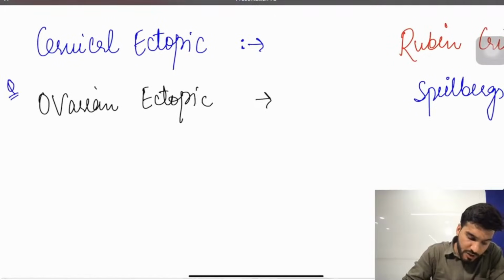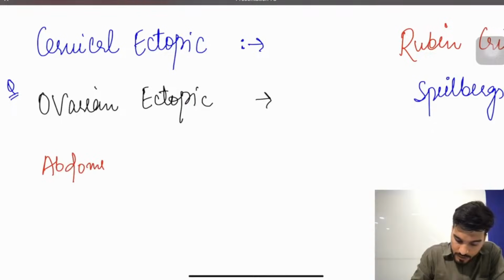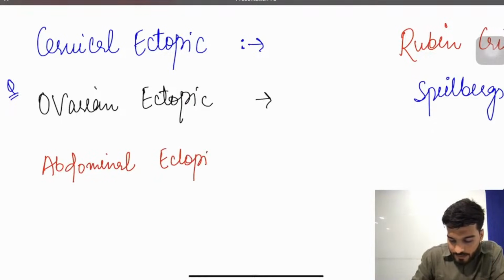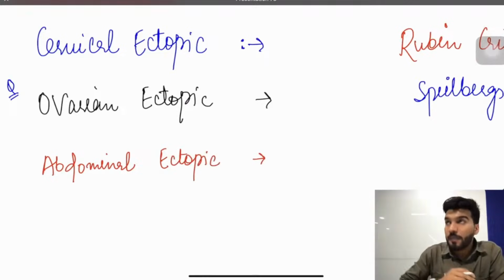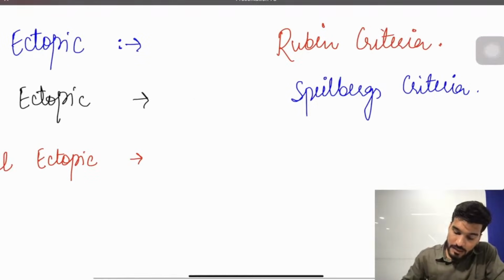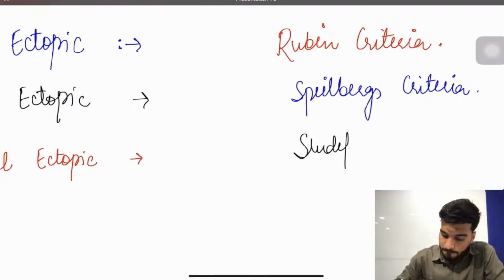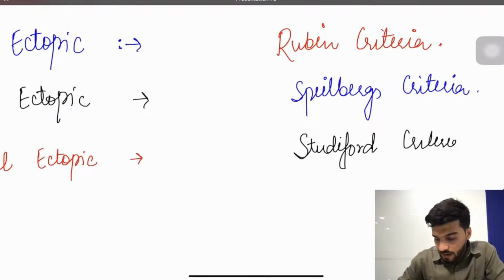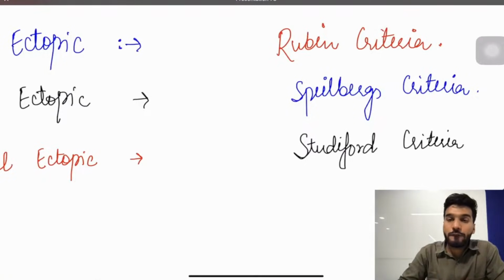And if a patient is having an abdominal ectopic pregnancy, the name of the criteria will be Studdiford criteria.